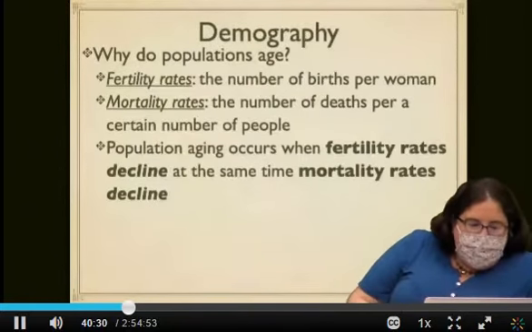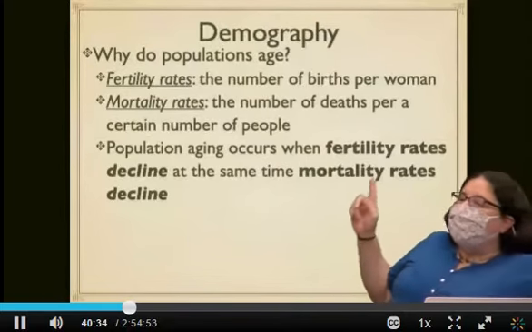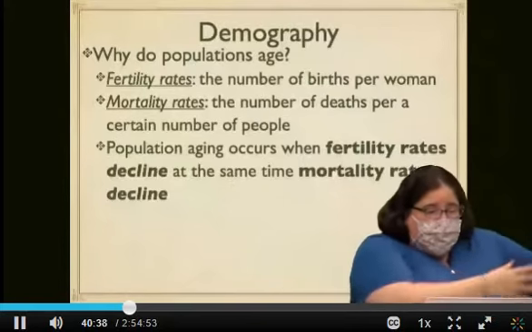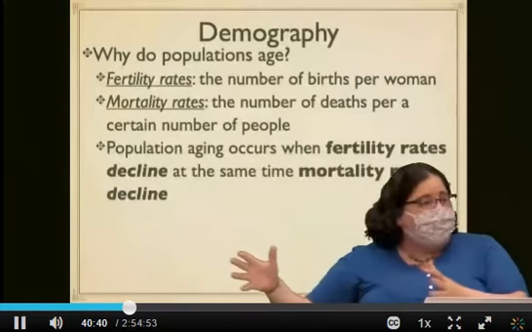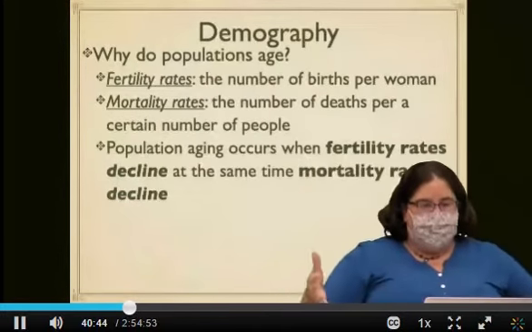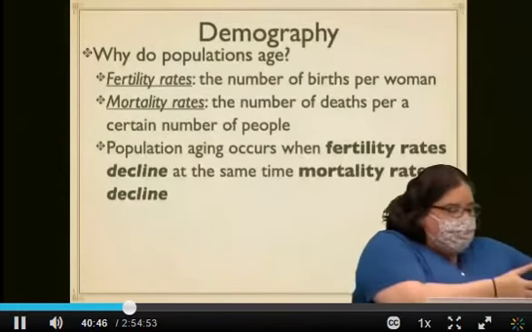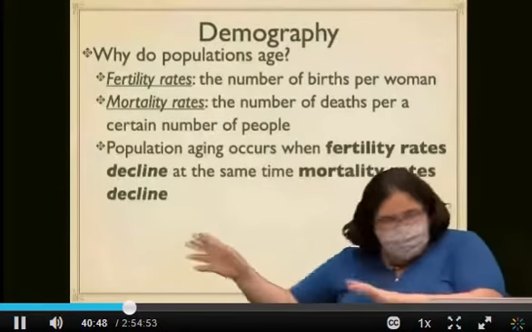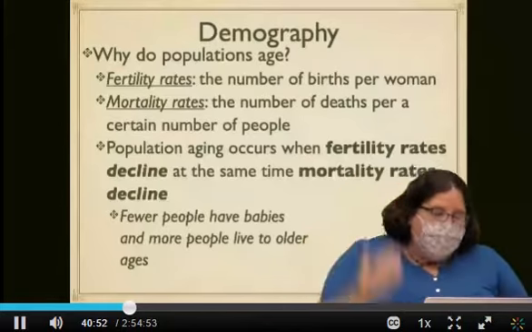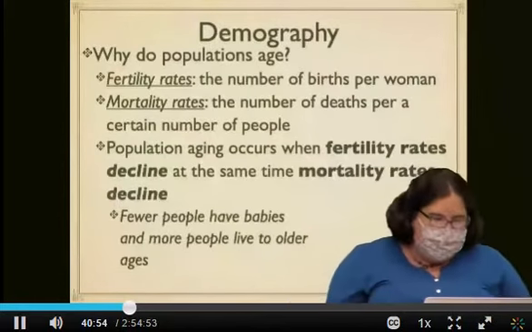When there's fewer babies and when there's fewer deaths, that's that situation where you line everybody up. There's no babies on one end, but there's lots of old people on the other end, right? That is an older population as compared to one where there's lots of babies on one end and an average number of people on the other end, right? Fewer people have babies and more people live to older ages.